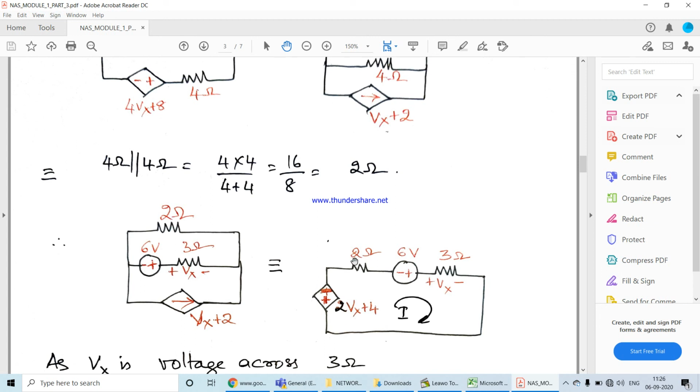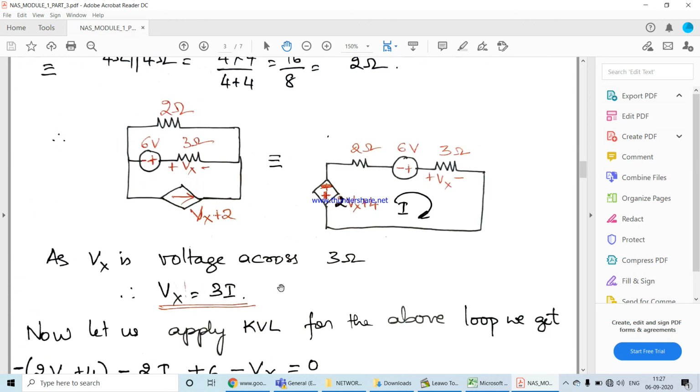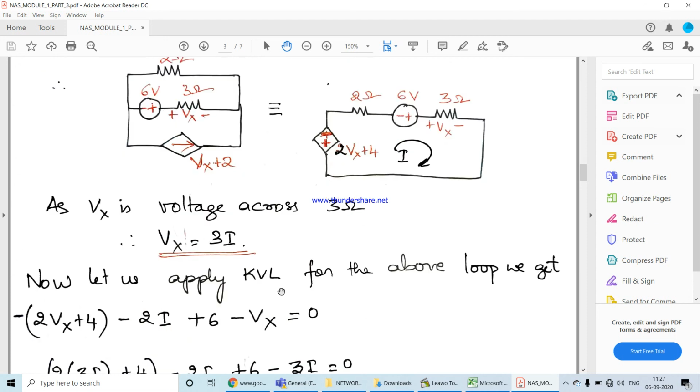That is in series with 2 ohms, that is in series with 6 volts, that is in series with 3 ohms. Now what is the voltage across 3 ohms? Let us assume that there is total current I flowing through this network. Definitely it will be 3 into I. So Vx equals 3 into I.